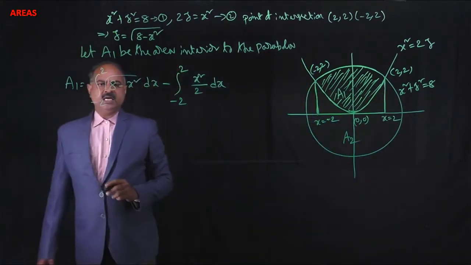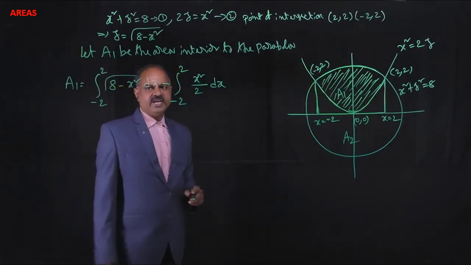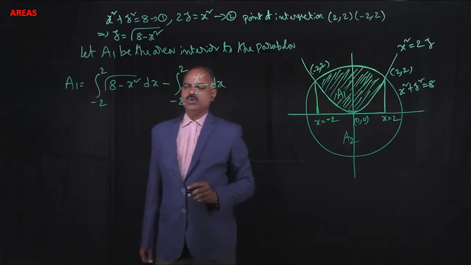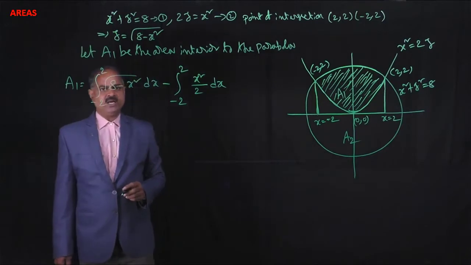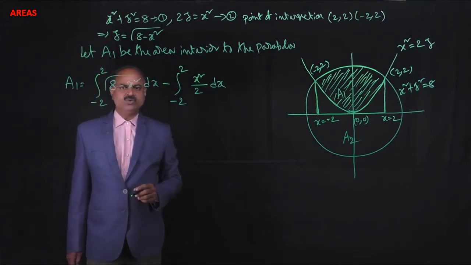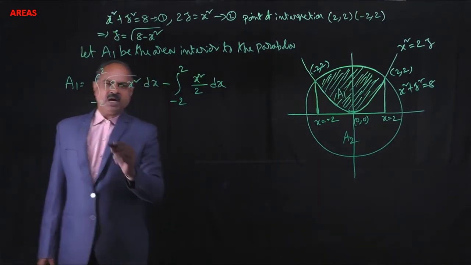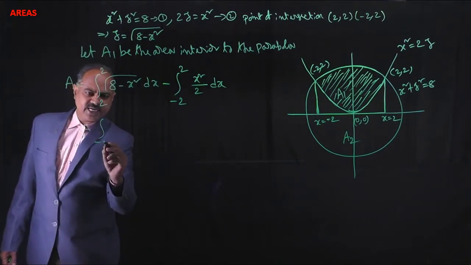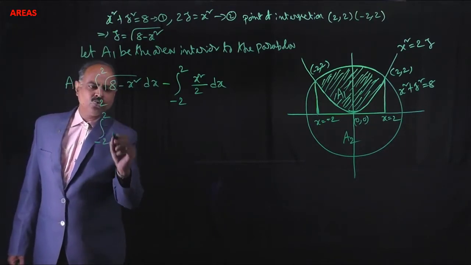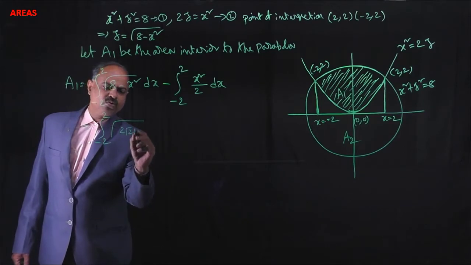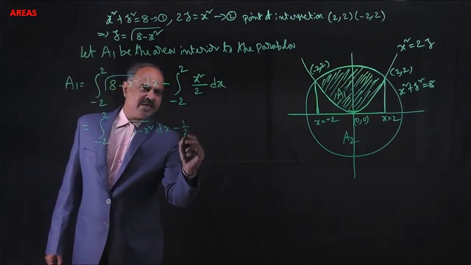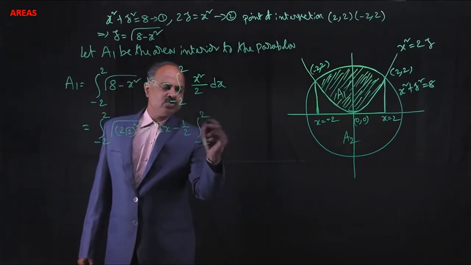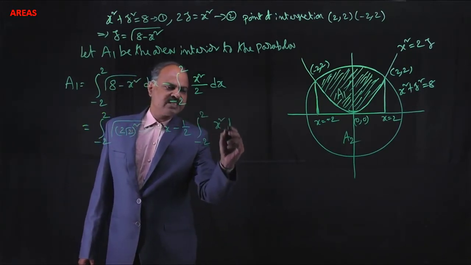We know that integral square root of a square minus x square equal to x by 2 into square root of a square minus x square plus a square by 2 into sine inverse x by a. Now here this is equal to integral minus 2 to 2 square root of 2 root 2 whole square minus x square dx minus 1 by 2 into integral minus 2 to 2 x square dx.